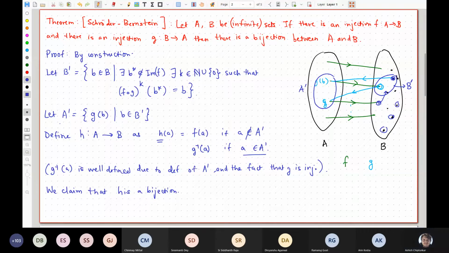Then we defined H of A to be F of A if little a is not affected by a breakup, and G inverse of A if little a is affected by a breakup.